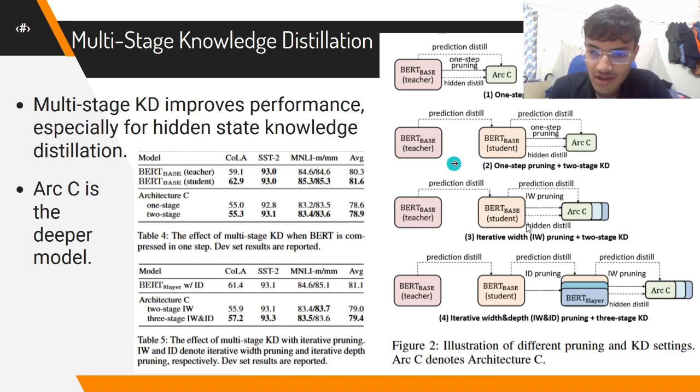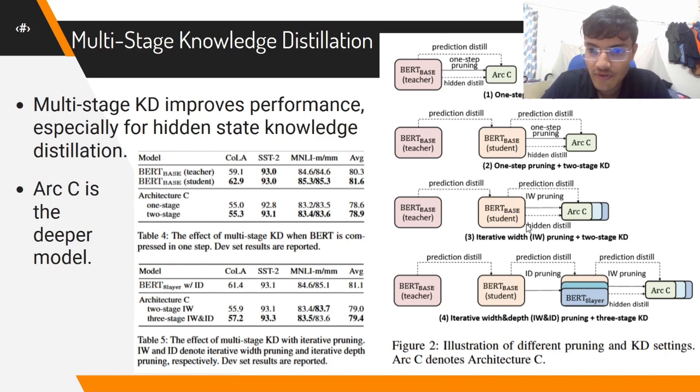The second scheme is one-step tuning plus two-stage knowledge distillation. In this, we initialize a BERT-based student model with untrained weights, and then we force that student model, which has the same dimensions as the trained teacher model, to give predictions like the teacher model.